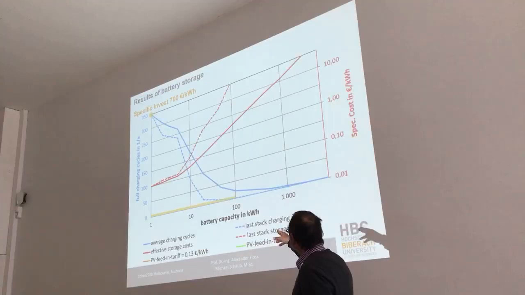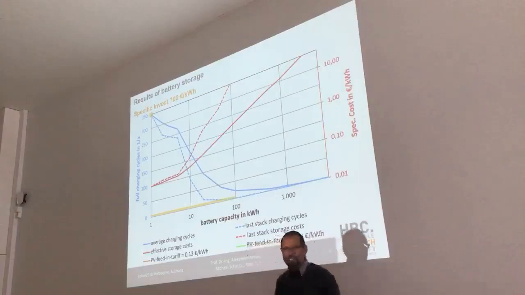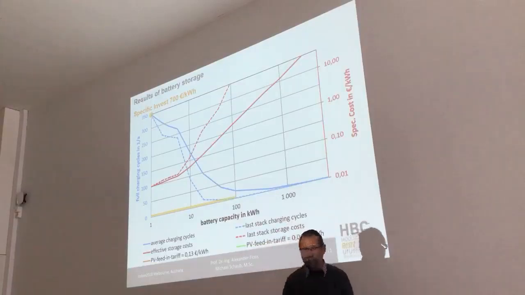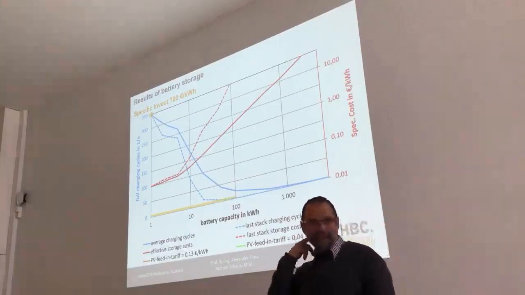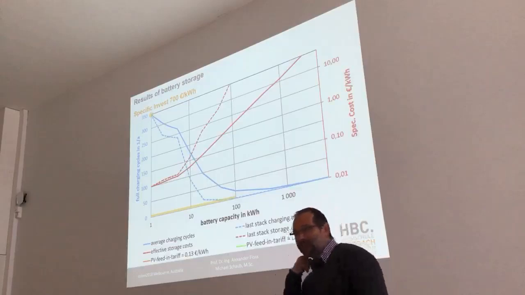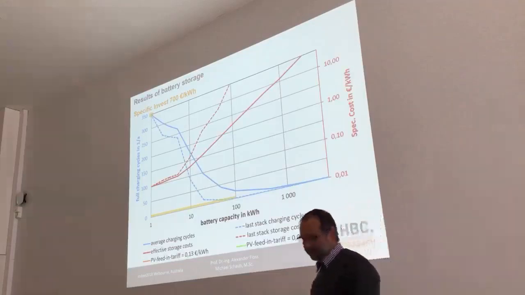With a capacity of 100 kilowatt hours, you just get 20 full charging cycles. And with a battery capacity of 1,000 kilowatt hours, which is necessary to reach grid independence, you just get about 3 full charging cycles a year. That means 60 full charging cycles during lifetime.